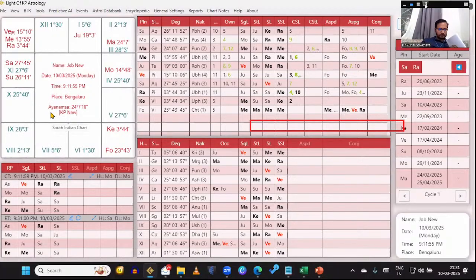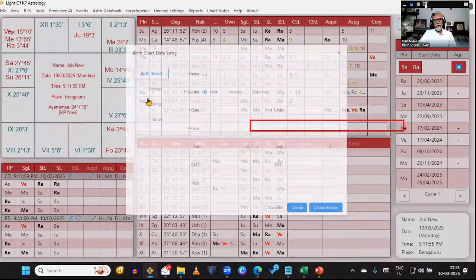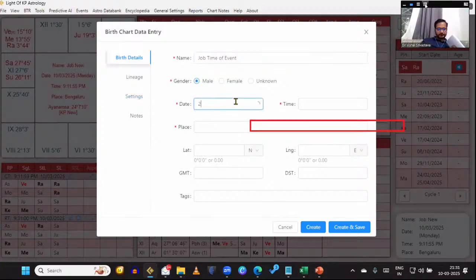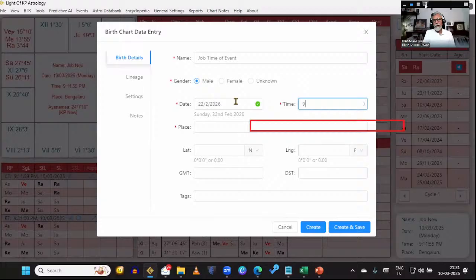Around the same time next year it will come back to that nakshatra. So the time of event will be 22nd of February 2026. Let's take 9 a.m.